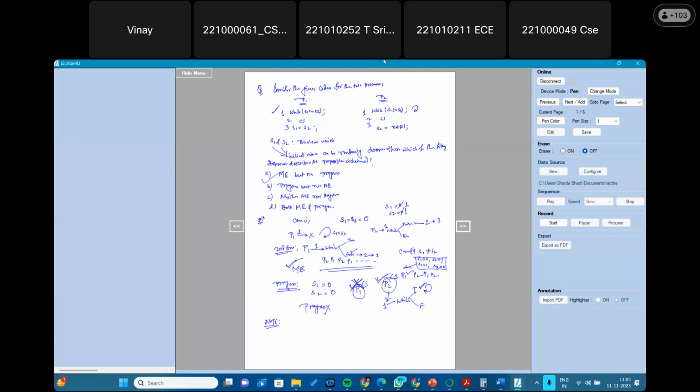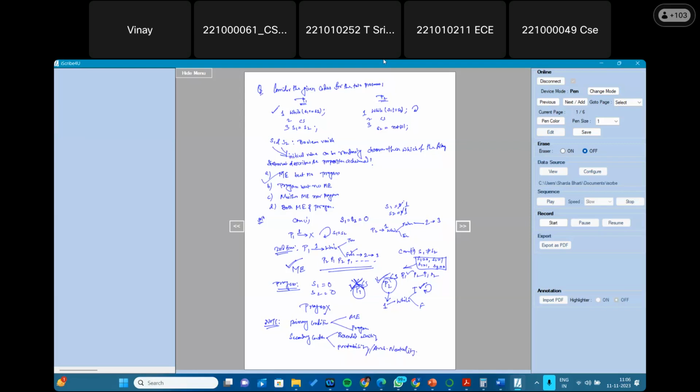I have written this one, that mutual exclusion and progress are the primary conditions, ME and progress, for any solution to be accepted for the critical section, whereas the secondary conditions are bounded waiting and portability or architectural neutrality.